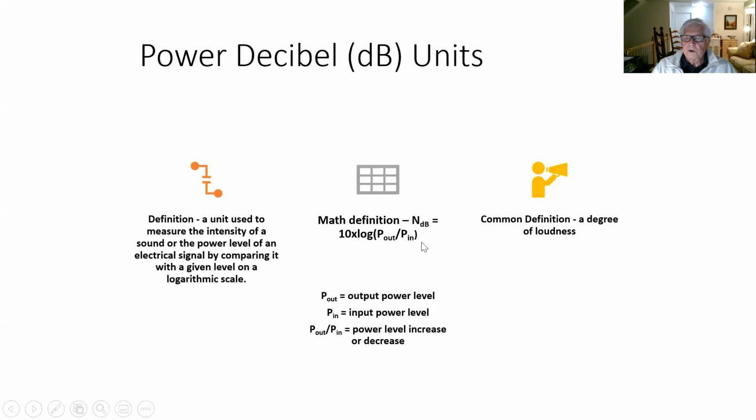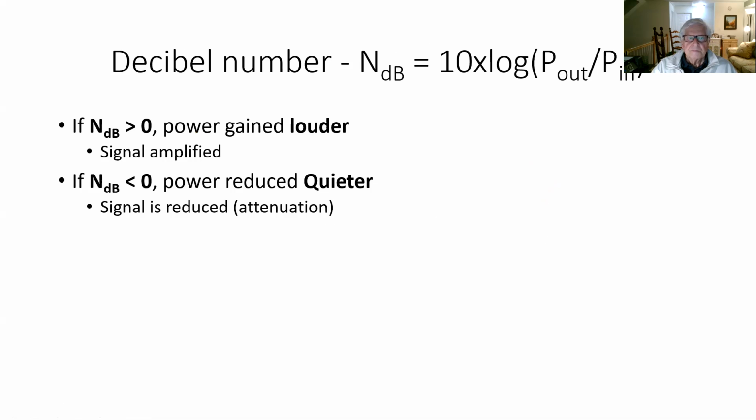So basically what we're talking about is a degree of loudness. How loud can you get? Is it deafening loud or is it very quiet? So again, our decibel number is 10 times the logarithm of the ratio of P out to P in.